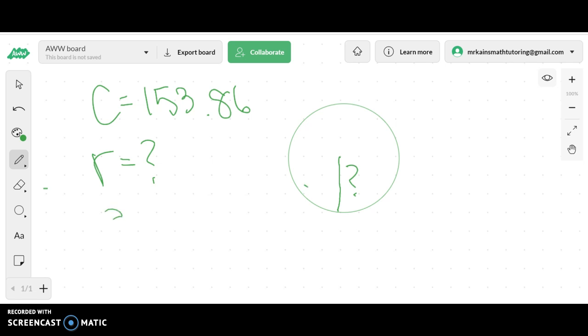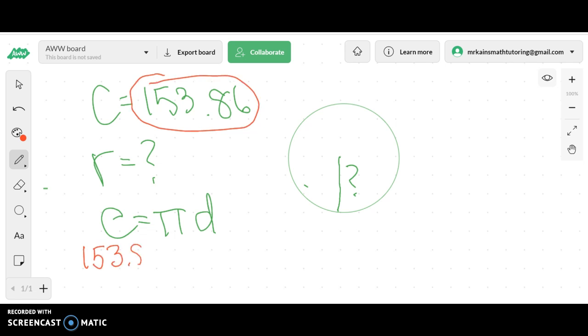So if I do circumference equals pi times diameter, in our formula, what do we know? Well, we know the circumference. So I can take this number and put it right here: 153.86 equals pi times diameter. And like we did last time, if I divide both sides by pi, it's going to give me my diameter equals something, right?